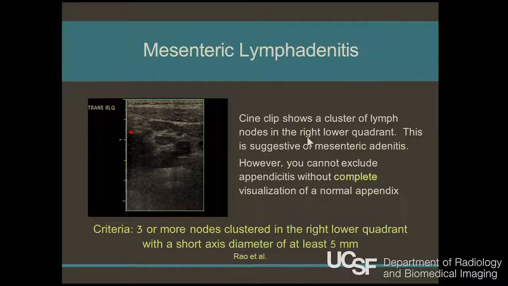So we're thinking about mesenteric adenitis, and we want to sort of jump to that diagnosis sometimes. But the critical thing is when scanning for appendicitis, unless you see something you are 100% confident is the appendix and you've seen it in its entirety, don't call it normal or don't call it not appendicitis, okay?